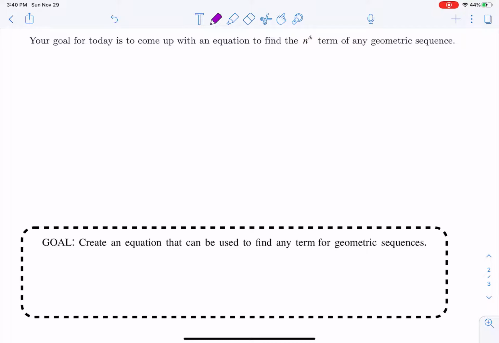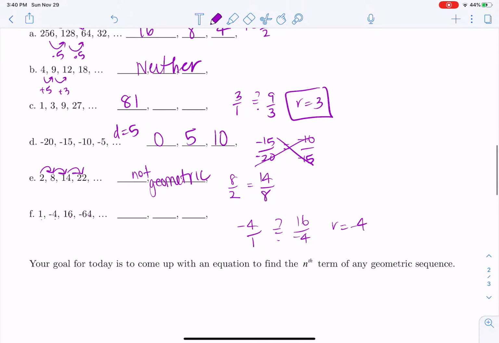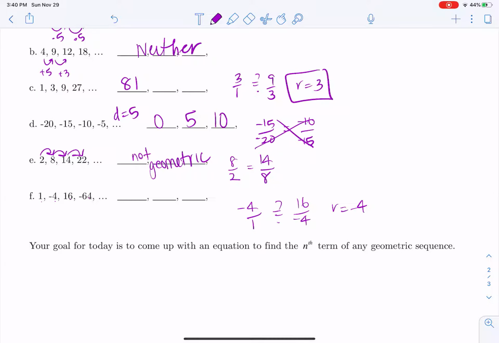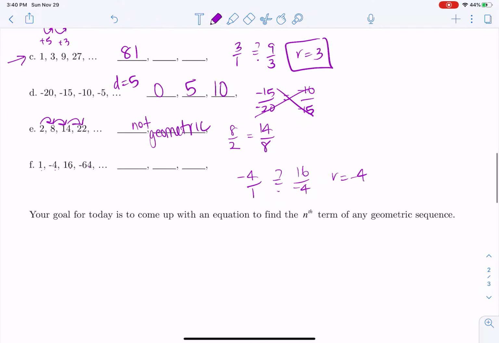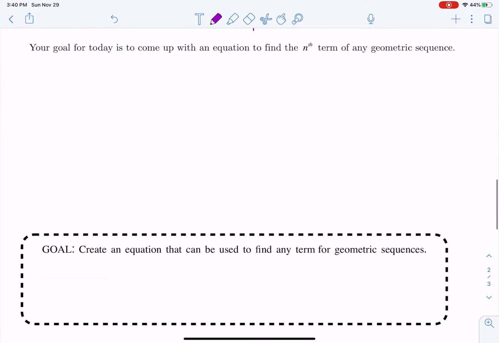So our goal for today is to find an equation to come up with the nth term of any geometric sequence. So if I were to take one of my geometric sequences, let's examine C. So 1, 3, 9, and 27. Let's go ahead and organize it like we have before. So I have my term number and my actual term.